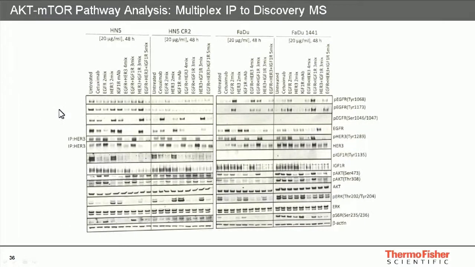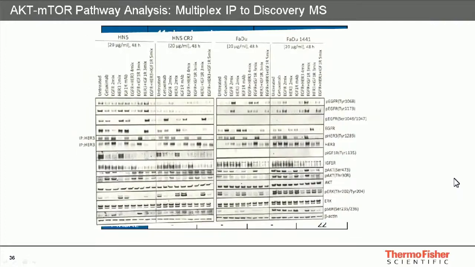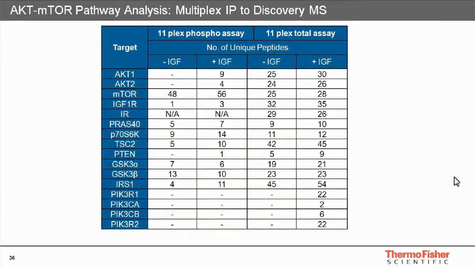As Andreas mentioned, in order to study a lot of these low abundant targets, you have to do multiple Western blots for both total and phosphorylated forms under different conditions. With our assays, 11 phospho targets in a phospho assay and 11 total targets in a total assay, you can get quantitation of each of these targets by just running the total and phospho assays.